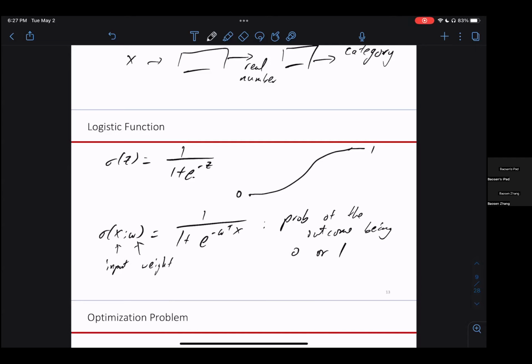Then you plug it into this function, and it gives you a probability of 0 or 1. How likely is it to be 0, or how likely is it to be 1? And then you use this probability to determine the outcome. So this is the idea of using logistic functions.